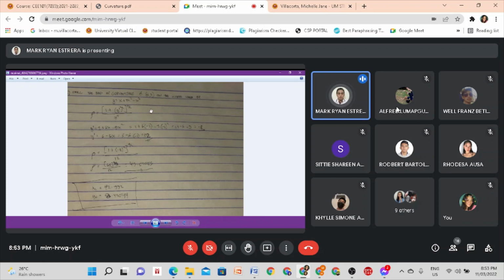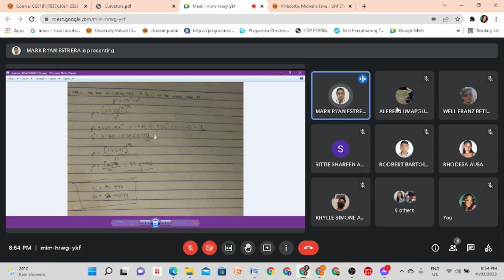Substituting the value of x gives negative 8. For y double prime, you have 6 minus 6x, and substituting the value of x gives 12.